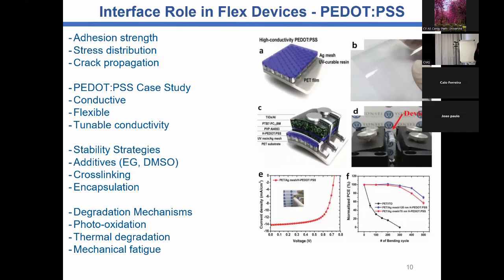So the PSS that has these insulator properties can also act to reduce the adhesion between the layers. So it's quite easy to delaminate your interface with PEDOT:PSS. So replacement of PEDOT:PSS as interlayer or as electrode is also one of the issues nowadays because we must deal with this delamination.